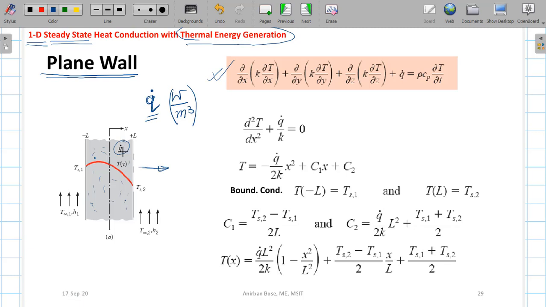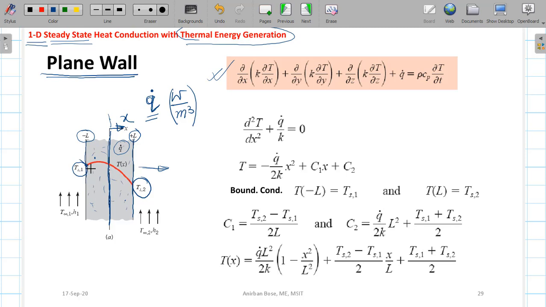So that value is q dot. If you consider the exact midpoint of the wall as the origin, that means x equals 0, and this direction as positive x, then this outer wall surface is at temperature Ts2, corresponding to x equals plus L, and the other side, at a similar distance, x equals minus L, has wall temperature Ts1.